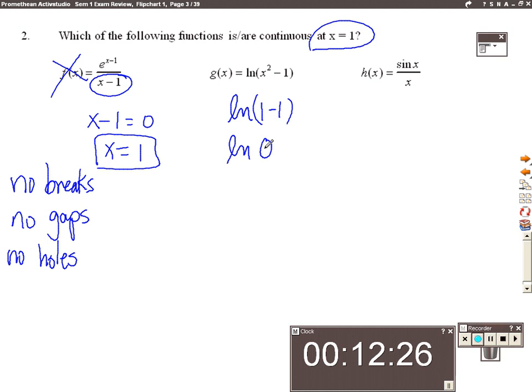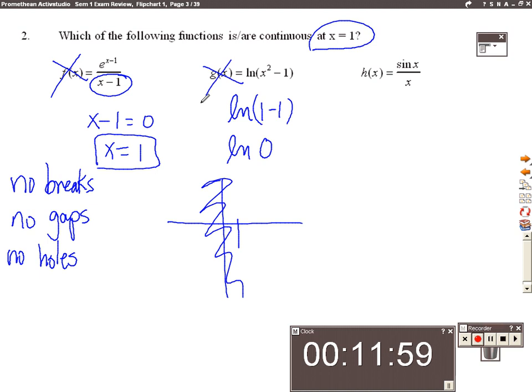Now, we're trying to determine if we can evaluate the ln of 0. Remember, the base of the ln is e, and e to no power is equal to 0. We can't take the ln of 0, and if you think about the graph of the basic ln function, well, this is x squared minus 1, so I'm not even going to mess with the graph. Can't take the ln of 0, so the function is not continuous at x equal to 1 because there's no y value.